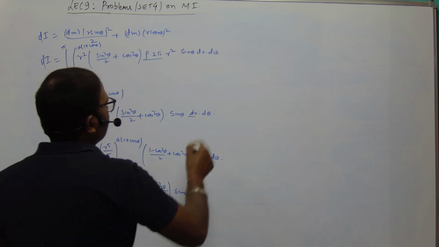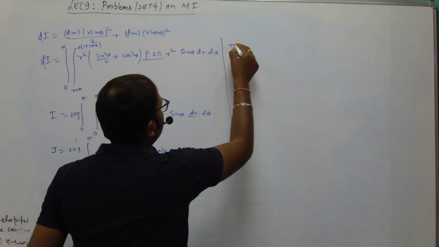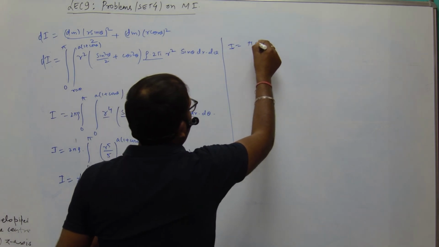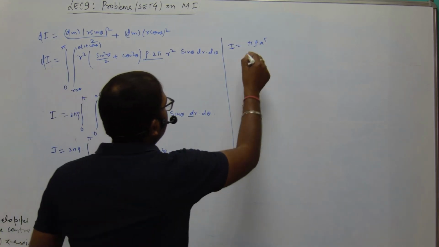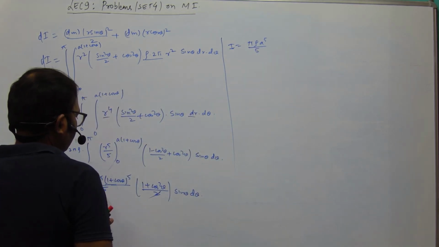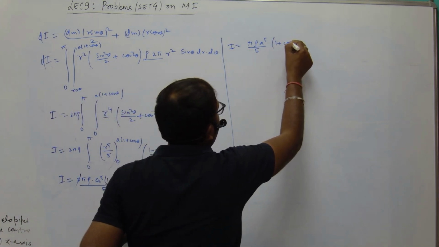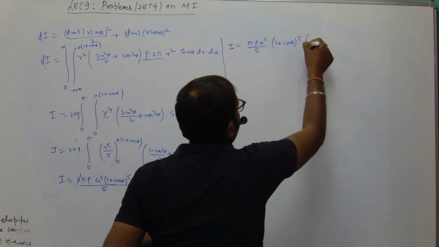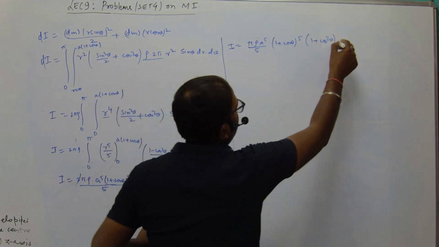So we have the value I is equal to pi rho a5 upon 5, into the integral of (1 plus cos theta) whole 5 into (1 plus cos square theta) into sin theta d theta.